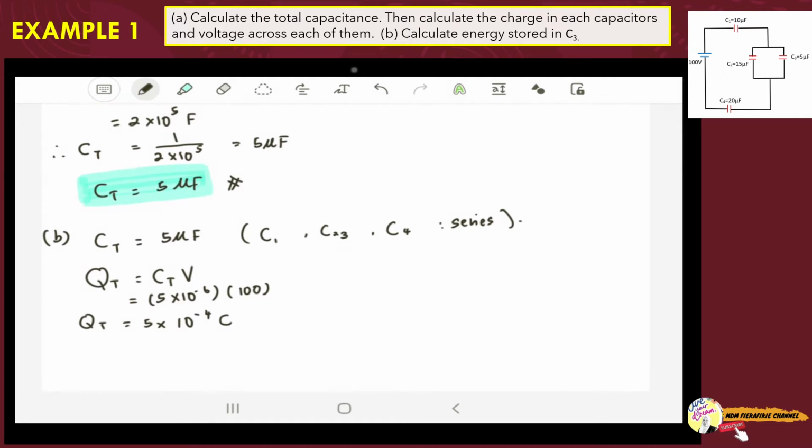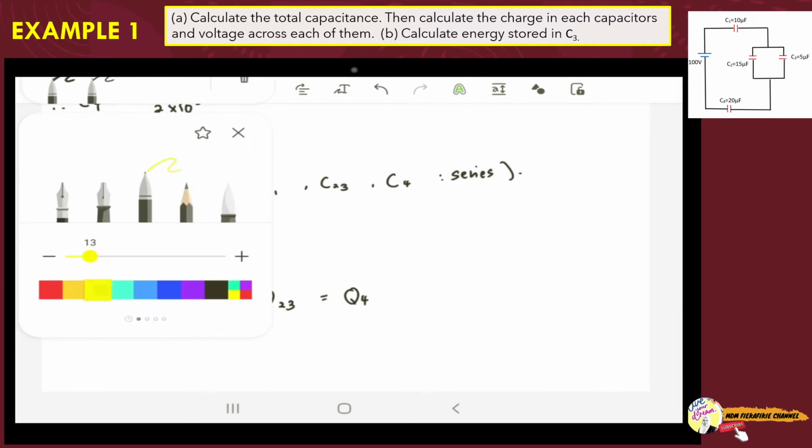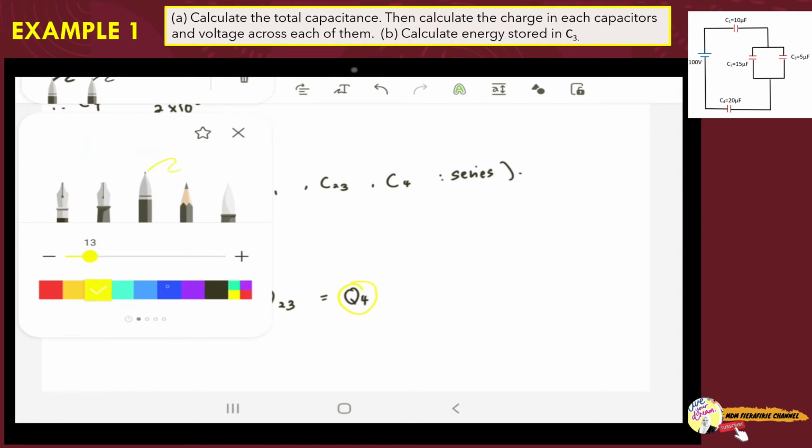Alright, so ini adalah total charge, Q total. Okay, so since they are in series, therefore Q total is equal to Q1 is equal to Q23 is equal to Q4. Okay, so sekarang kita nampak sini kita dah boleh buat untuk Q4 and Q1. So jawapan akhir dia kita boleh tulis lah.